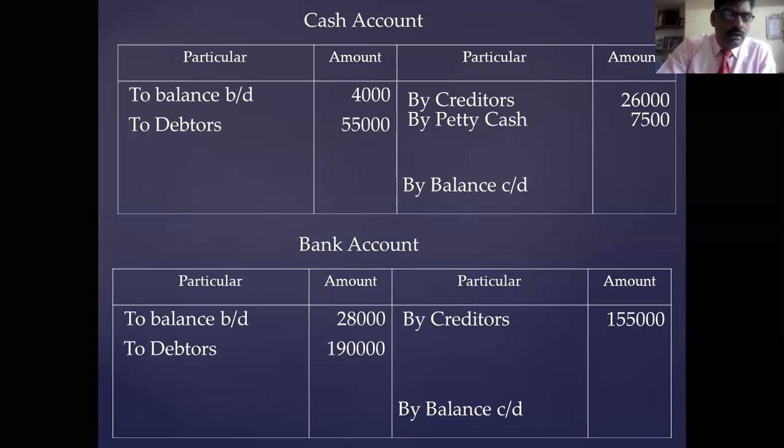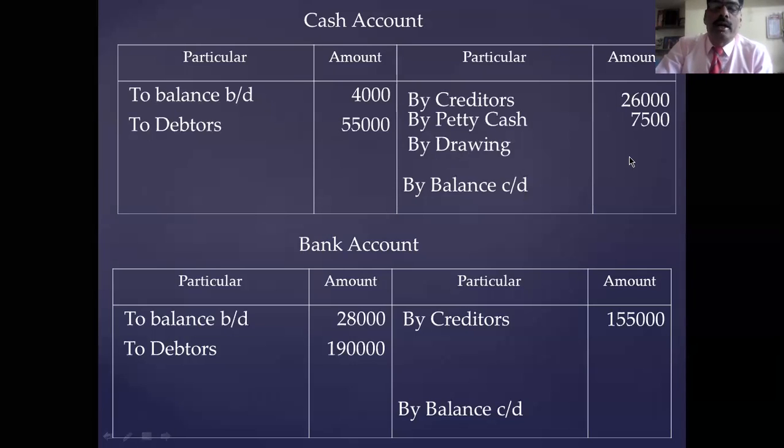2,000 is the outstanding. I'll take it in the P&L account in the third point. And fourth point, net profit is there, depreciation there, comes to P&L account. And fifth point, closing stock goes to trading account. Drawing is the last point. Okay. Drawing in the form of cash, you take in the cash account.